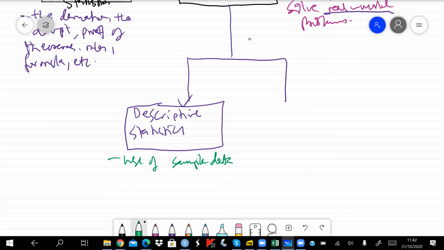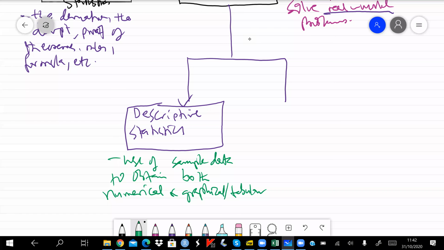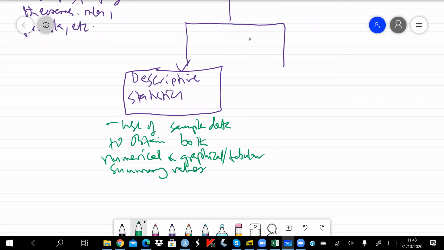So in this branch of statistics, we use sample data to obtain both numerical and graphical or tabular summary values.